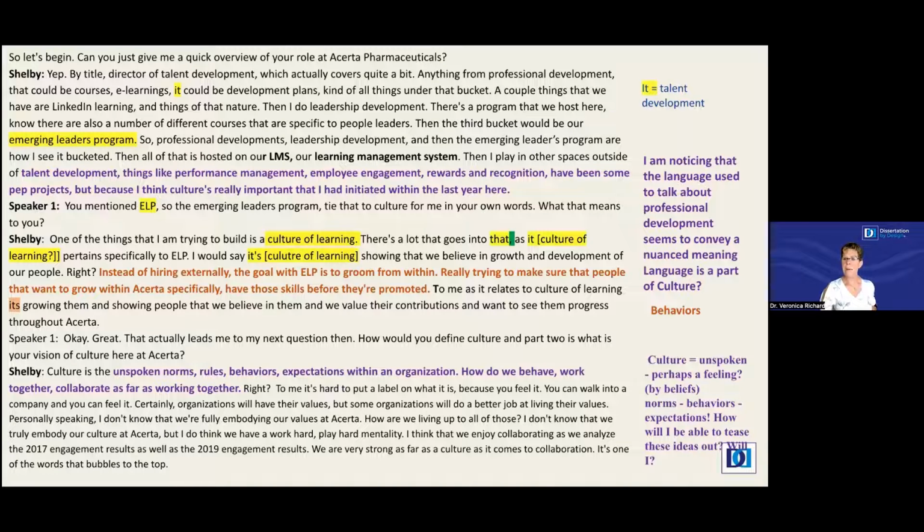This is about me merging in my process of identifying vague words and now gaining familiarity with the transcripts and with the ideas that are being generated. So the purple here, I'm noticing that the language used to talk about professional development conveys a nuanced meaning that language is a part of culture, and I'm questioning because I'm not sure yet.